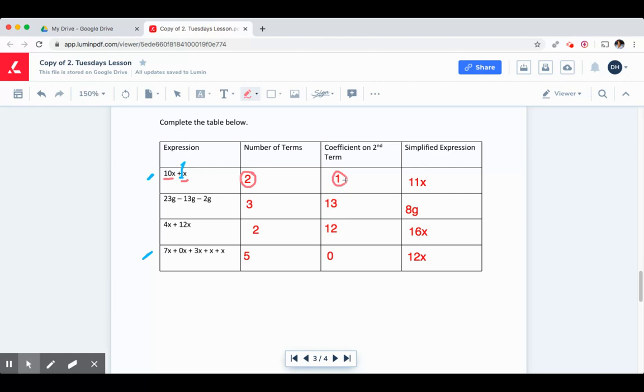And last, we'll go over this final example, 7x plus 0x plus 3x plus x plus x. Okay, so this is something new that you're seeing where you see a value of 0x. Please know that this is another example of something that is there to confuse you or trick you. Anything times 0 is just 0.